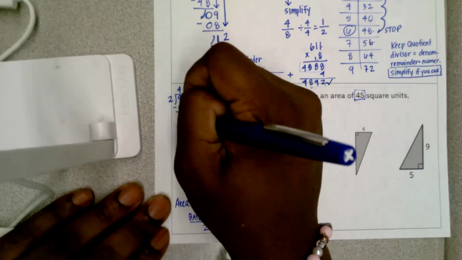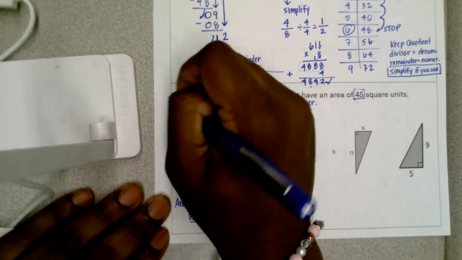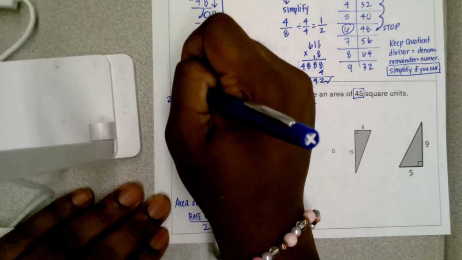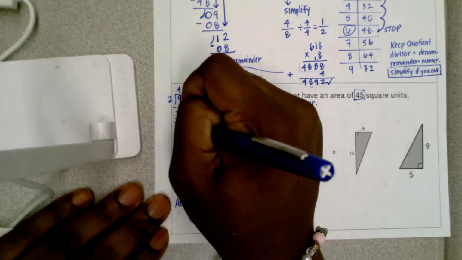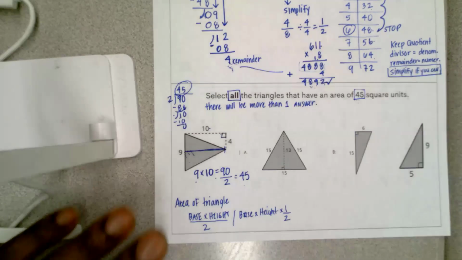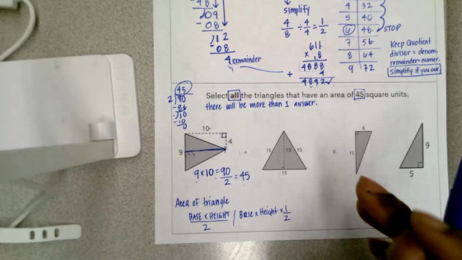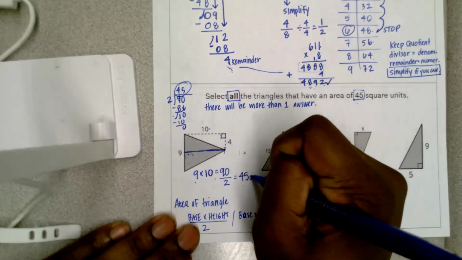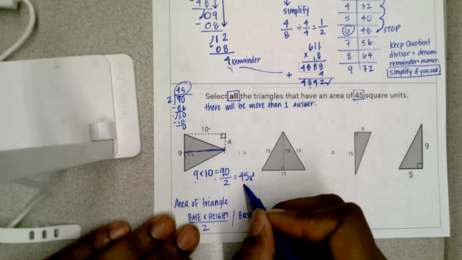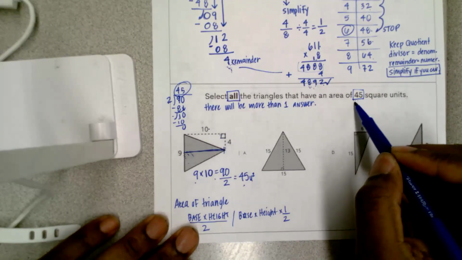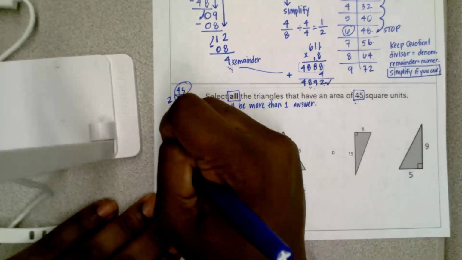Hook your line, subtract. 1, 0. 2 goes into 10 5 times. Minus 10, 0. So you can also check your answer by just dividing. So 45 units squared. We're looking for 45 square units. So this is correct.